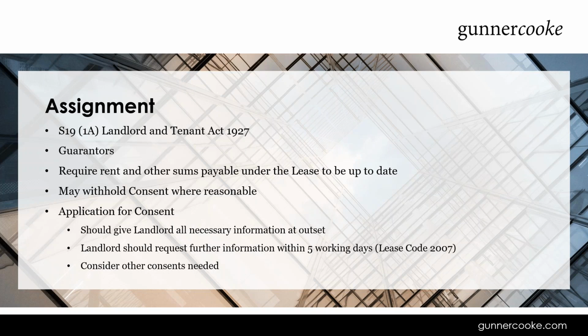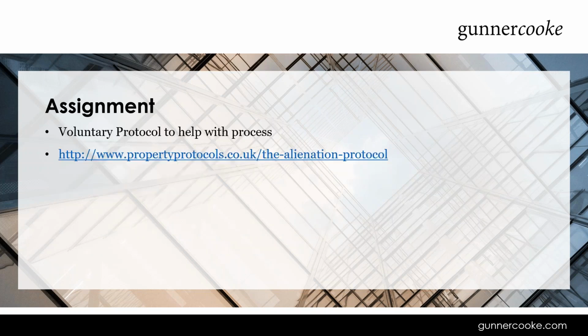In terms of the application for consent, the code suggests that the tenant should be giving the landlord all necessary information at the outset. Landlord should request further information. It suggests 5 working days is a reasonable length of time, though individual circumstances will be taken into account. And it's down to the landlord to consider whether any consent from third parties is needed.